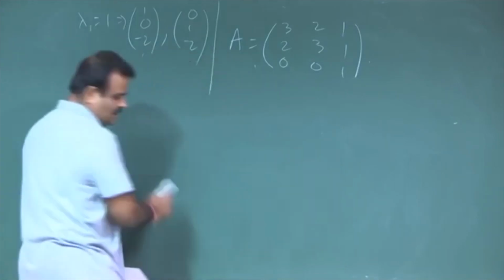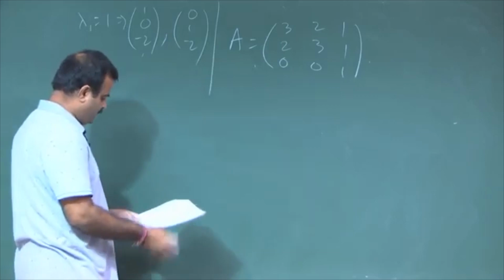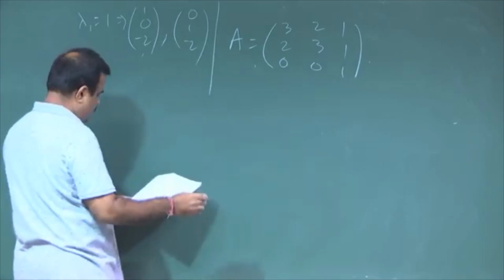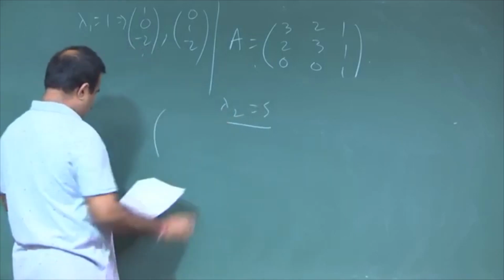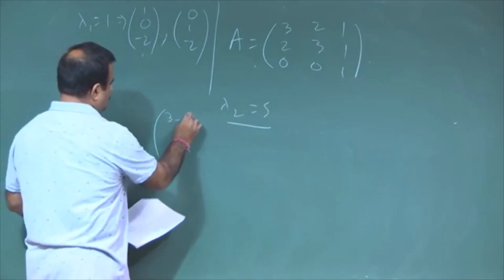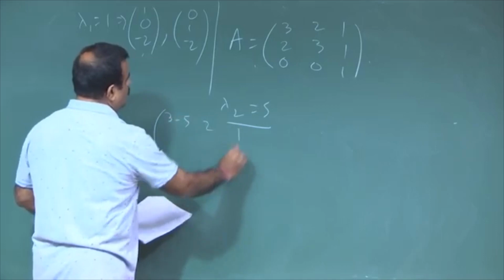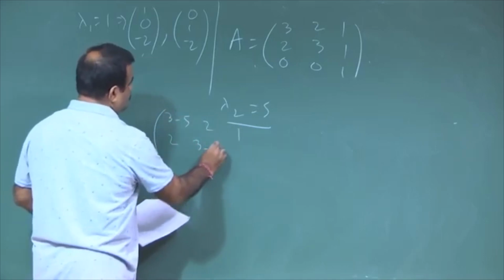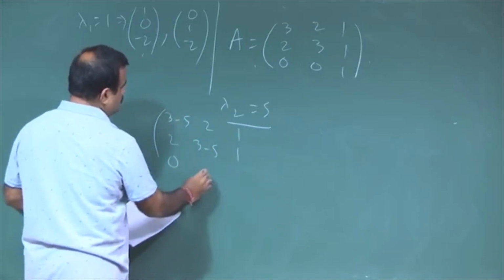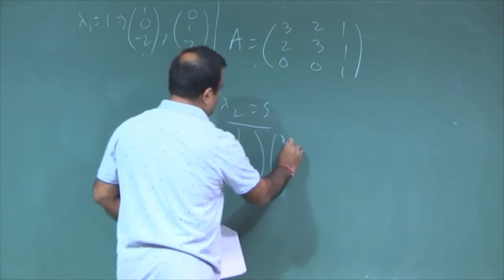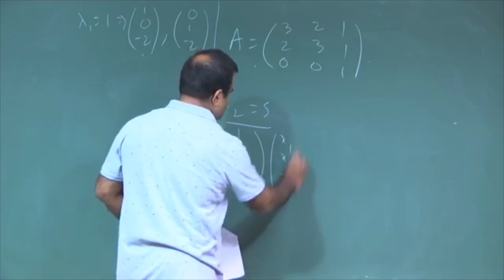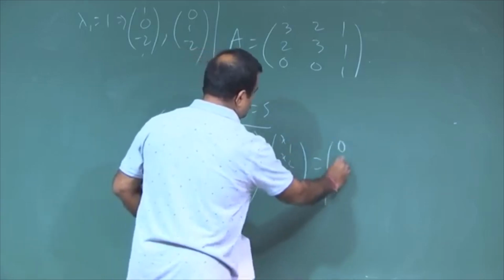Now, we need to find the eigenvector corresponding to the other eigenvalue, which is 5. How to get that? Lambda 2 is 5. For that we need to solve the equation with the matrix rows 3 minus 5, 2, 1; 2, 3 minus 5, 1; 0, 0, 1 minus 5, times x 1, x 2, x 3 equal to 0, 0, 0.